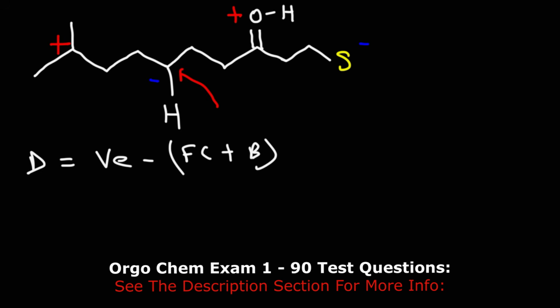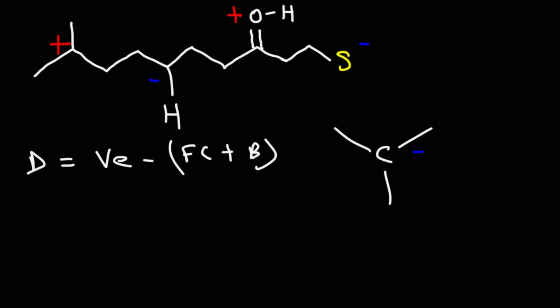Now, what about the carbon atom with the negative charge? If we have a carbon atom with 3 bonds, and it has a negative formal charge, should we put a lone pair on it? Is it going to have an incomplete octet, a normal octet, or an expanded octet?